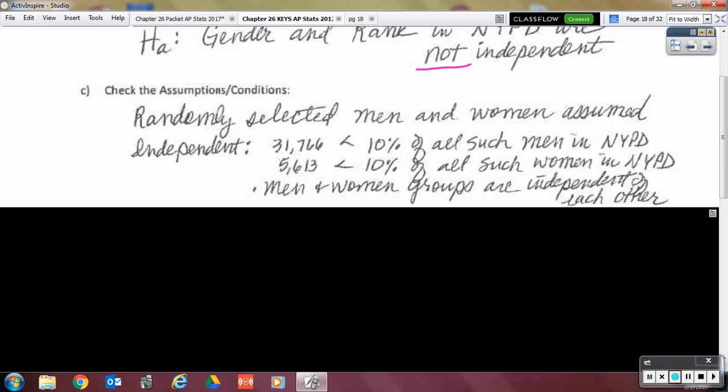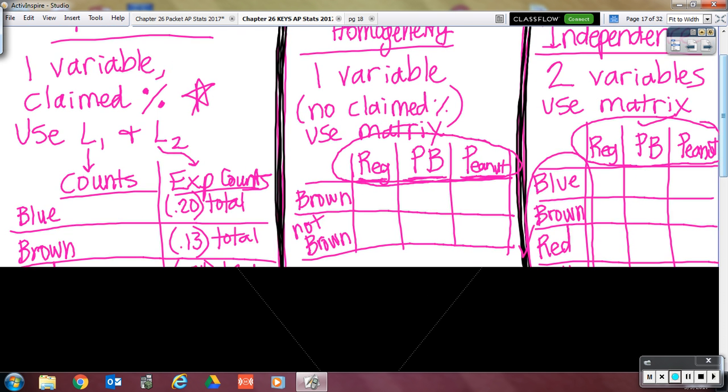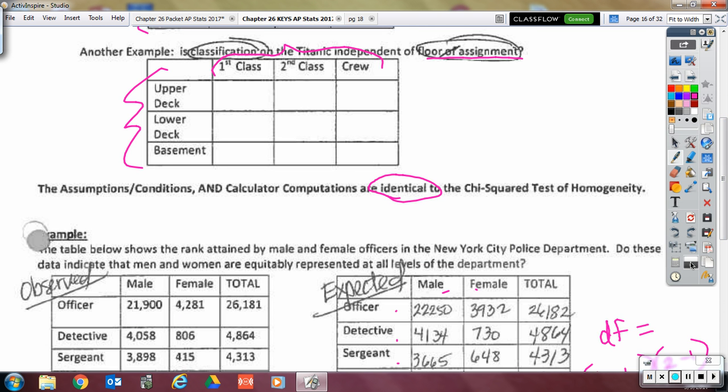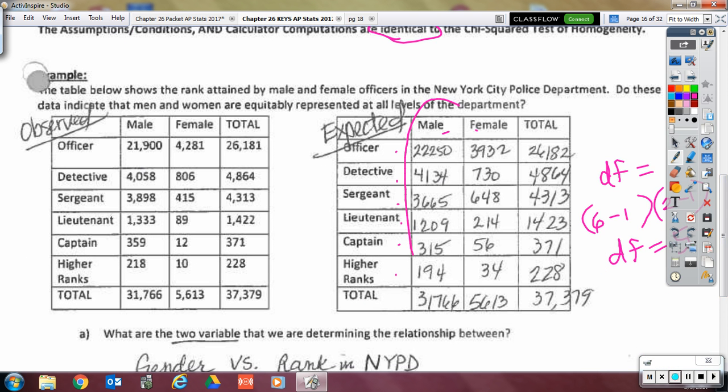So here's the deal. What we're saying is that the men and the women, whoever's in this group, these counts are not being counted in this group. These two groups are independent of each other and not being double counted. This problem is not about men versus women being counted in these two groups.